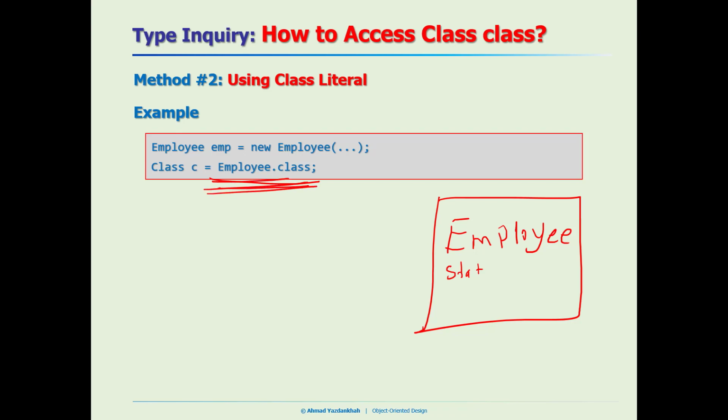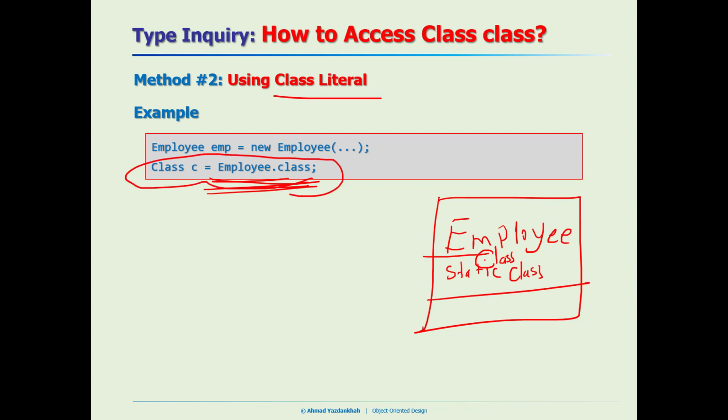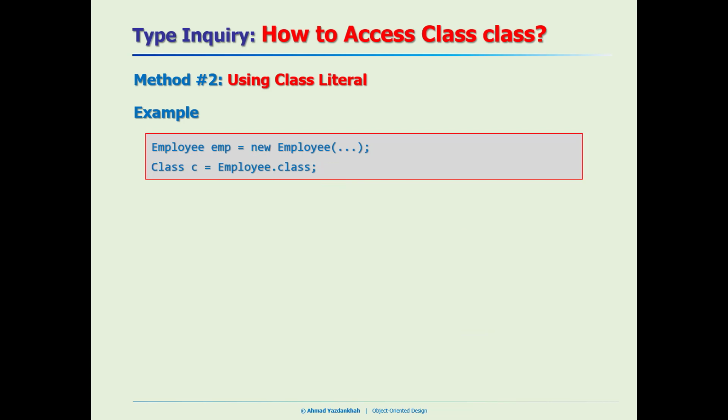In the documents they call it class literal, but this is my imagination that it should be something like this. So the class here is a static variable, and its type is Class. It is hidden from the developer, but since we can use this syntax, it means that it should be here, something like that, right? So this is the second method that we can get that class object, right?